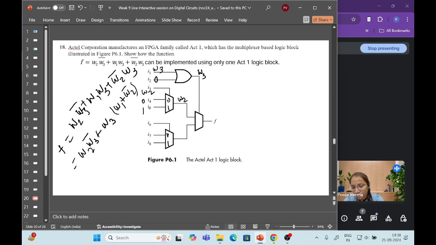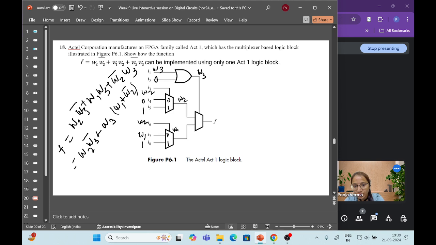Now for this one, let's check. If we give W1 here and 1 here and W2 here, what will we get here? If it is 0, then select the W1.